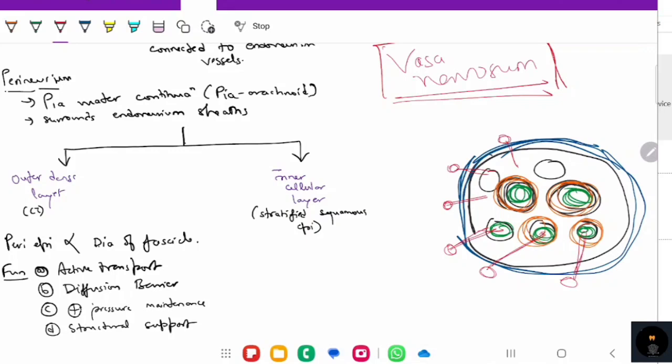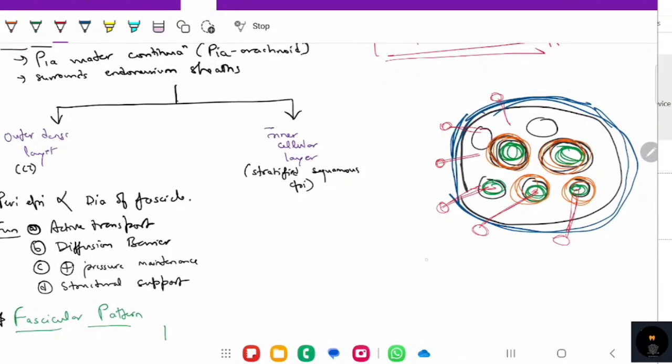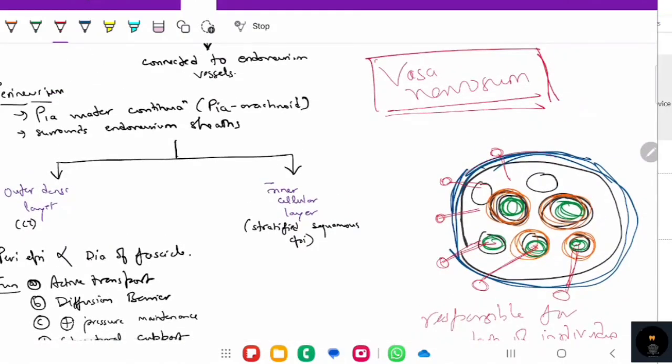They supply endoneurium of your nerve and in turn are responsible for vascularity of individual nerve fibers.